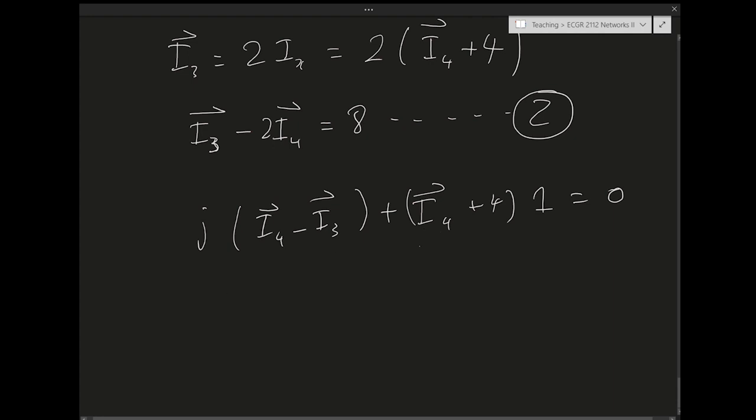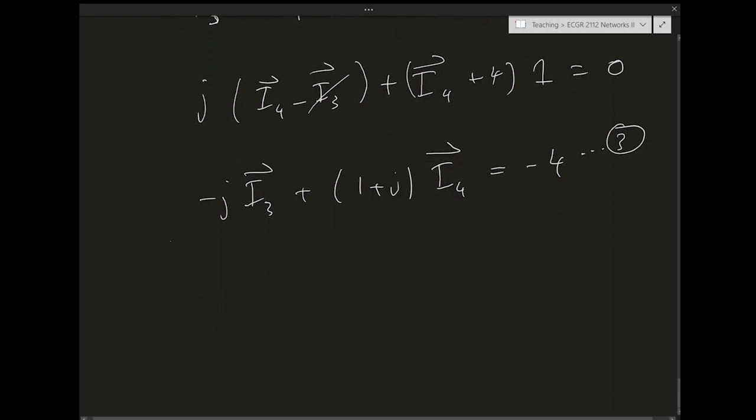So I take the I3 out, I end up with minus J I3, and then I have 1 plus J I4 equals minus 4. That's equation number 3.